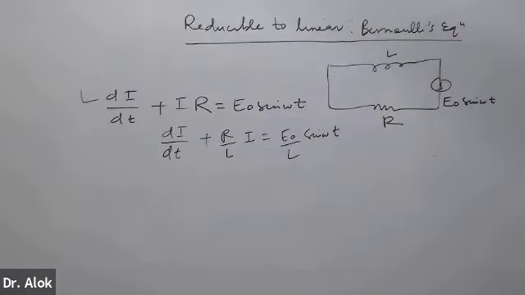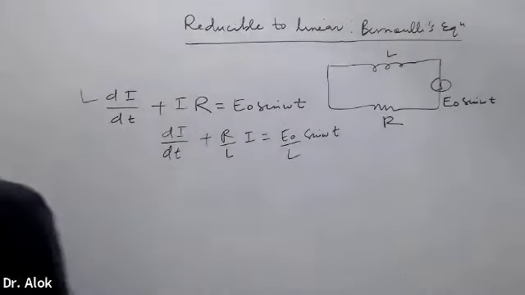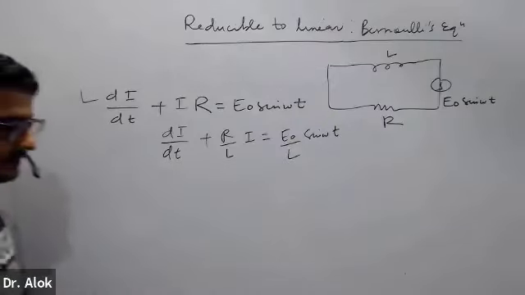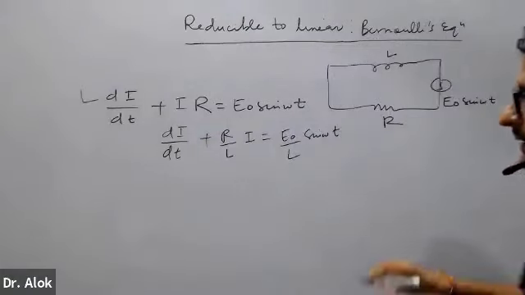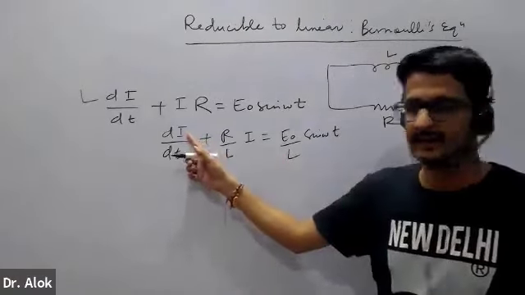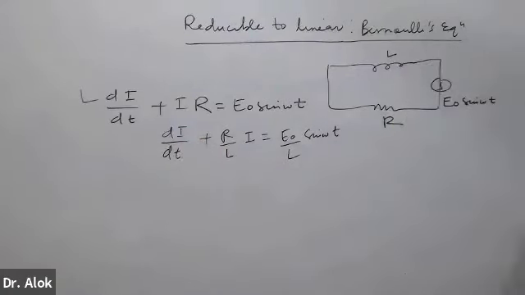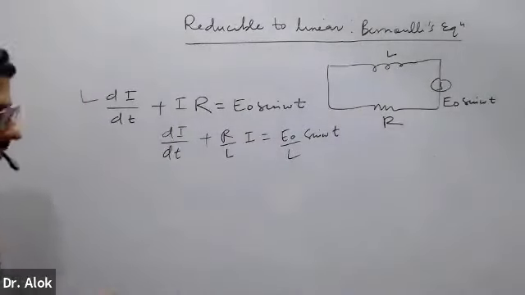Correct? So again, this you can see is the linear equation. This is an example of linear equation that we have to solve. And जैसे वहां पे ये y होता था, here it is I. जैसे वहां x होता था, here it is t. So not a problem.